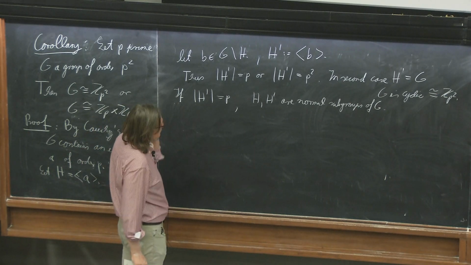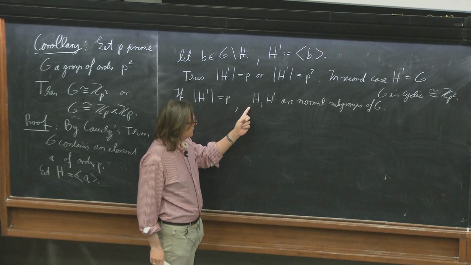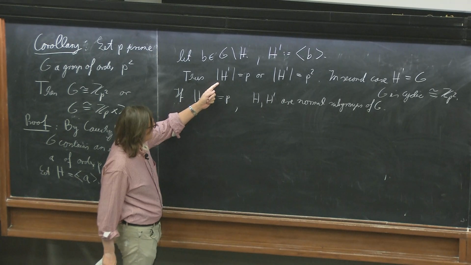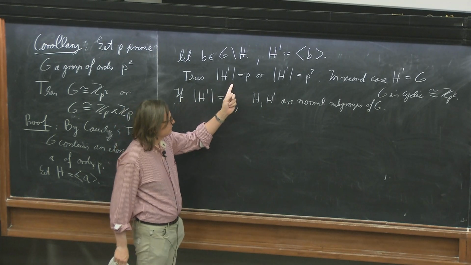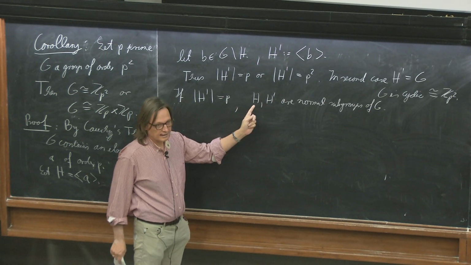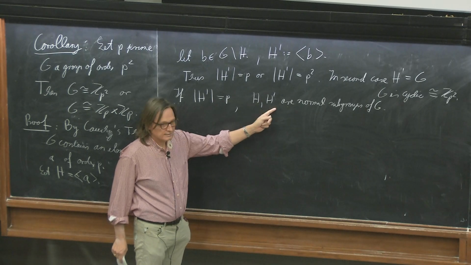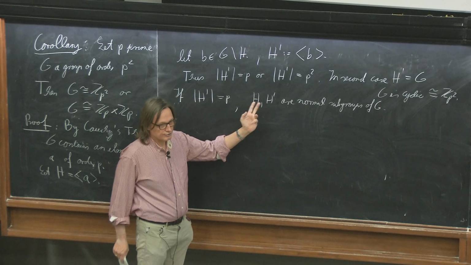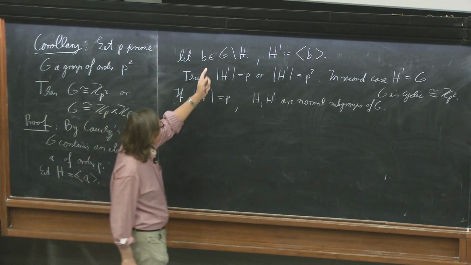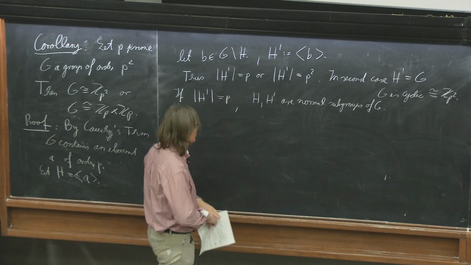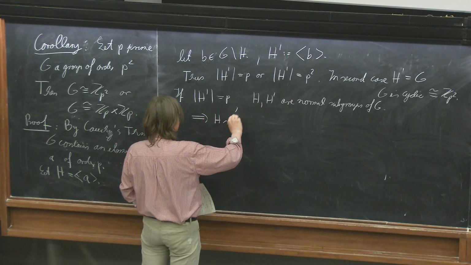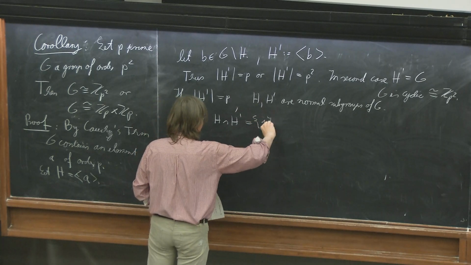So if we take any element of H, this group is cyclic, so any element of it which is not the neutral element will generate the group. So if the intersection of these two contains any element which is not the neutral element, then the intersection must be the whole of H or the whole of H prime. But we had assumed that our element B does not lie in H. So therefore, it follows that H intersected with H prime just consists of the neutral element.